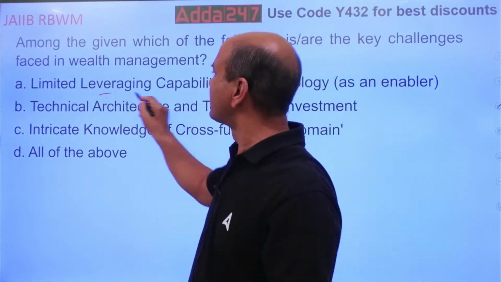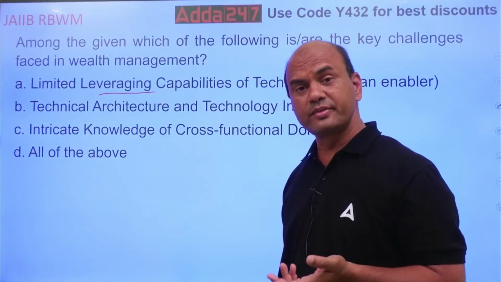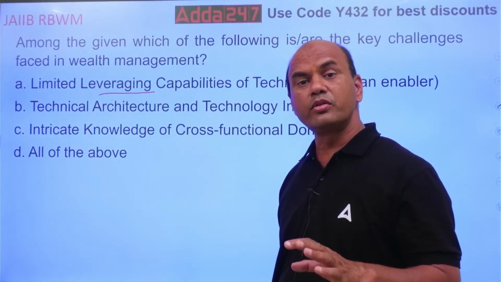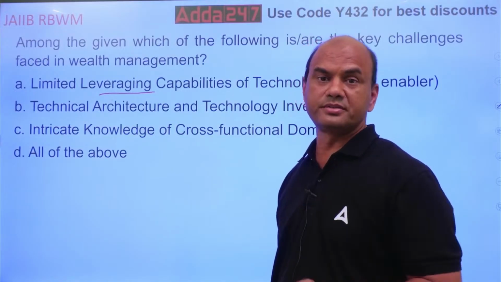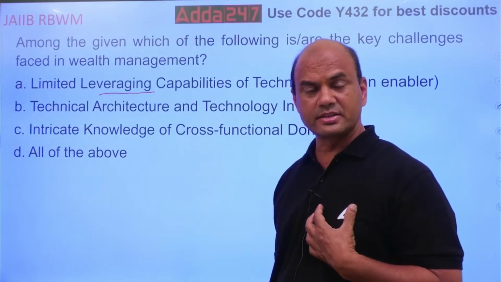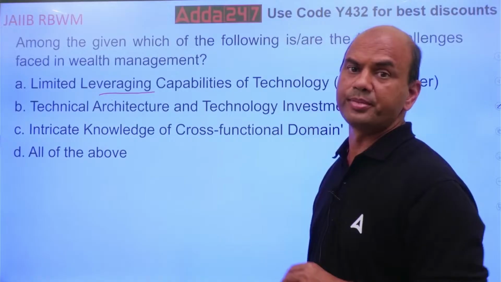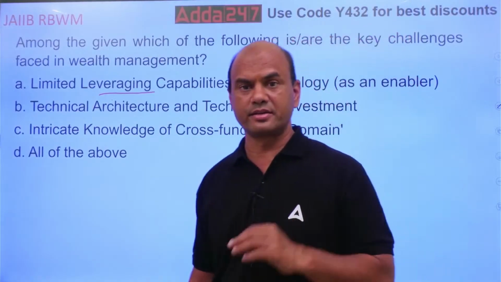Leveraging means what? If I am having 100 rupees, I'll give a loan of 200 rupees. Means I am having less money, my capital is less, but I am investing more or I am giving more loans. That is known as leveraging.